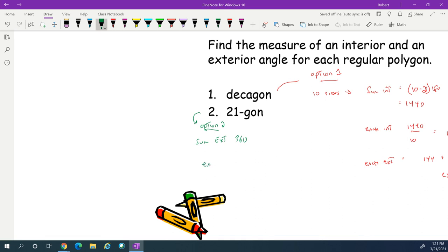So that means each exterior angle, we divide by the number of angles. So 360 divided by 21 is 17, let's see, 0.14, so we'll go with 17.1.